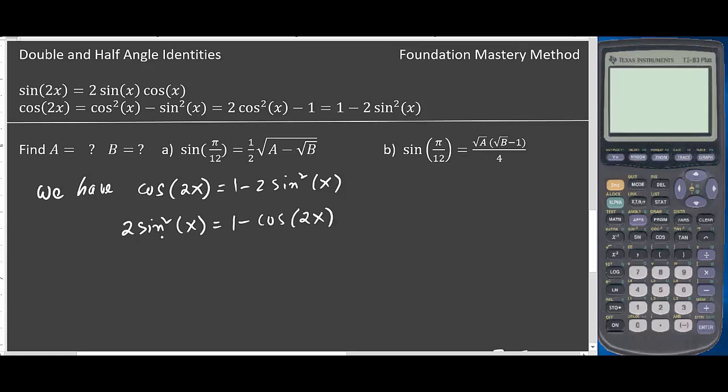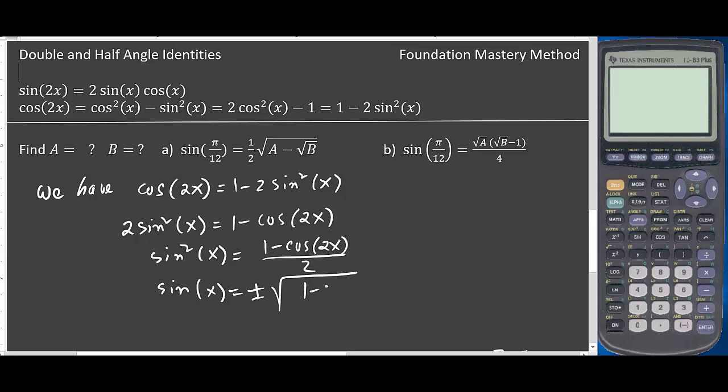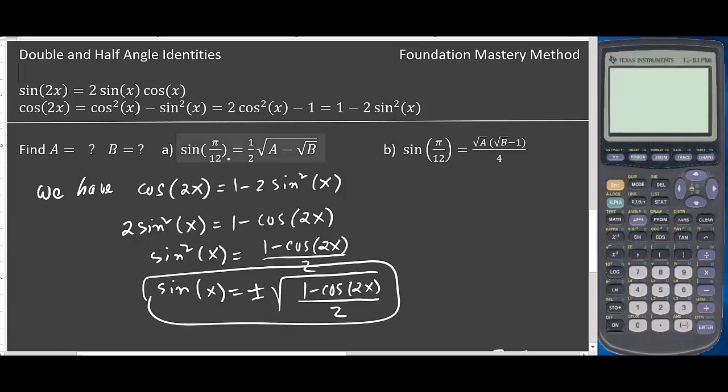And then if you divide both sides by 2, you get sine squared x equals 1 minus cosine 2x over 2. And then if you take the square root on both sides, you get sine x equals plus or minus the square root of 1 minus cosine 2x over 2. So if you remember this formula here, then you can deal with this problem.